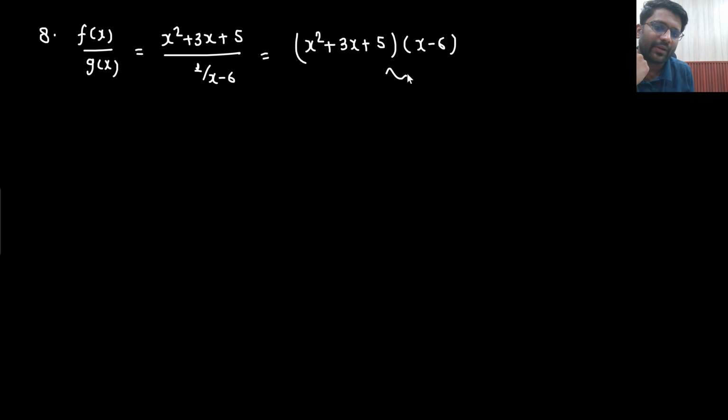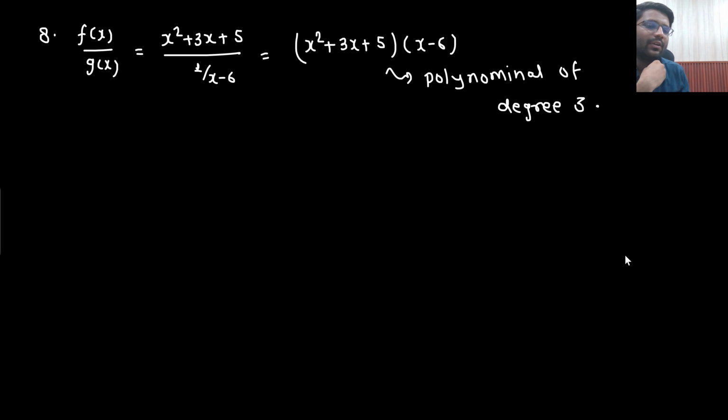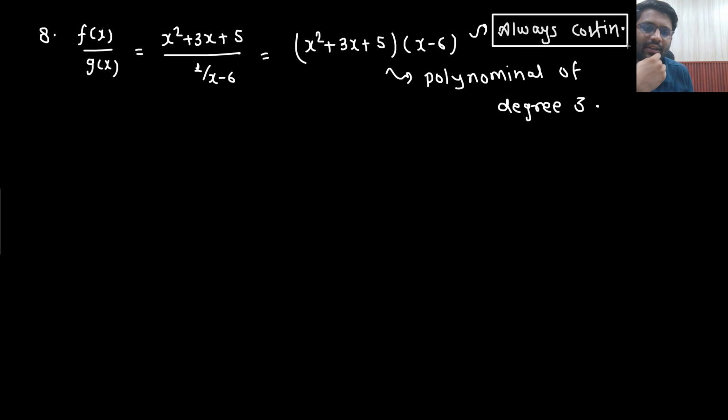What will this become? This will become a polynomial, right? When you solve it, you know that it will become a polynomial of degree 3. What does that mean? That means it is always continuous. Always continuous. Understandable? Straightforward, no?